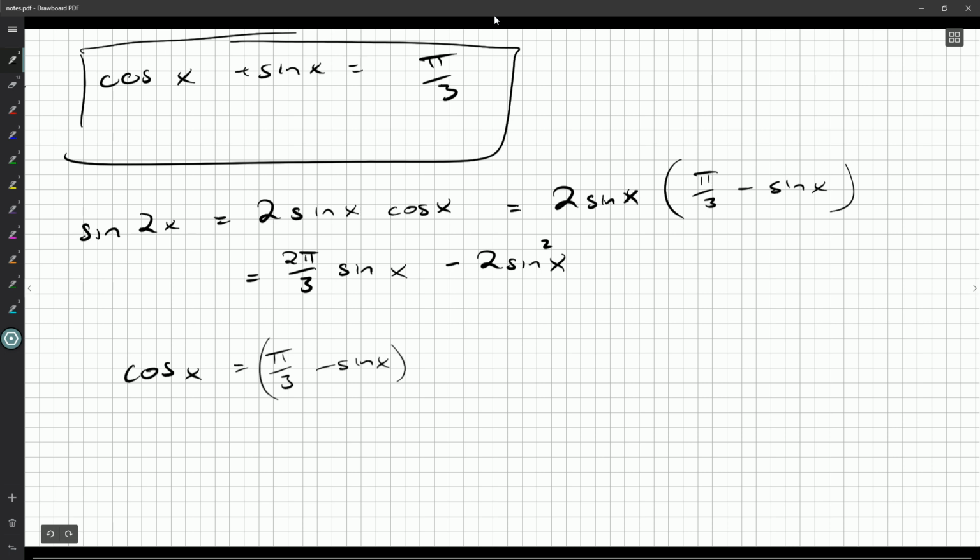And then if I square both sides, this might be where I get my pi squared. So I'll get pi squared by 9 minus 2 pi by 3 sine x. Ooh, I like that because we've got a 2 pi by 3 sine there. Plus a sine squared x. And that's equal to cos squared x, which is 1 minus sine squared x.